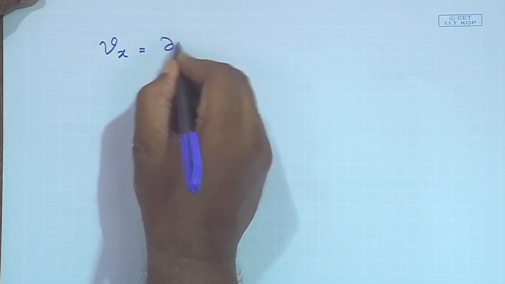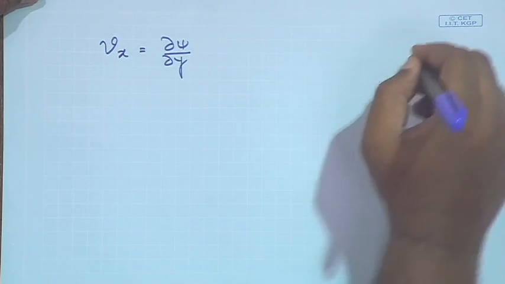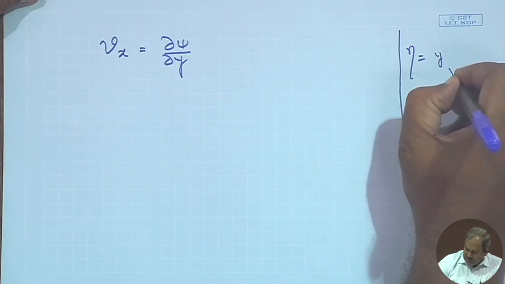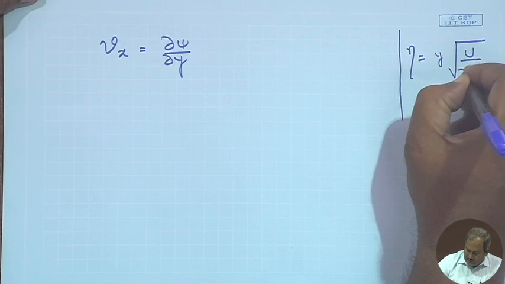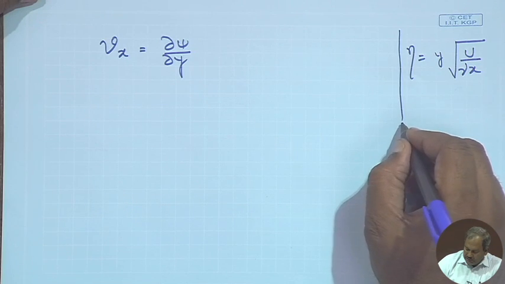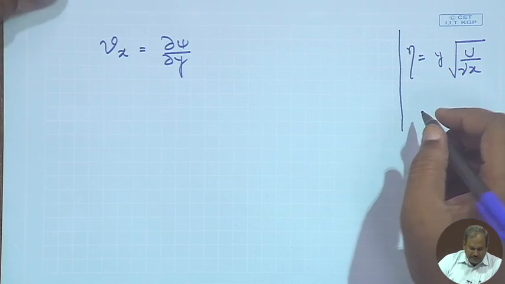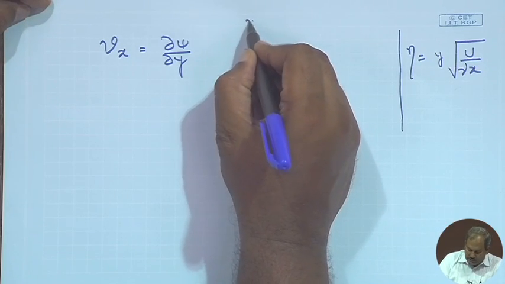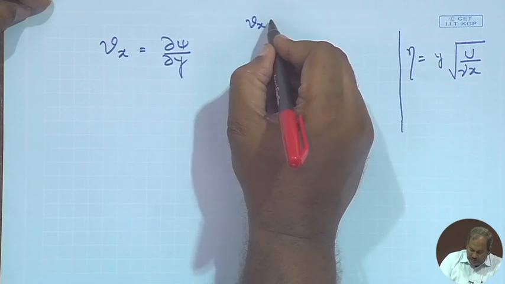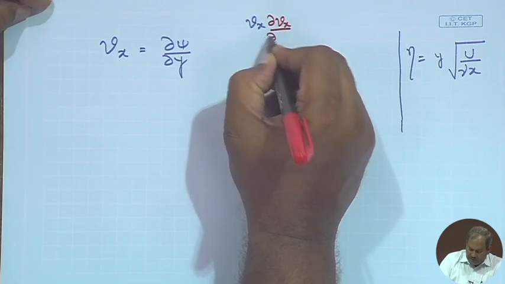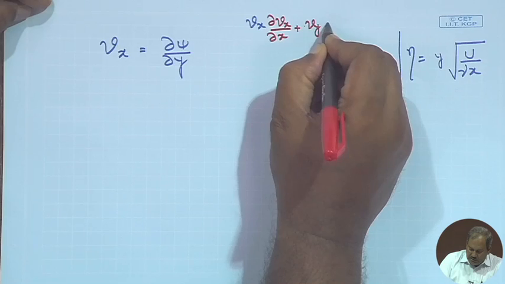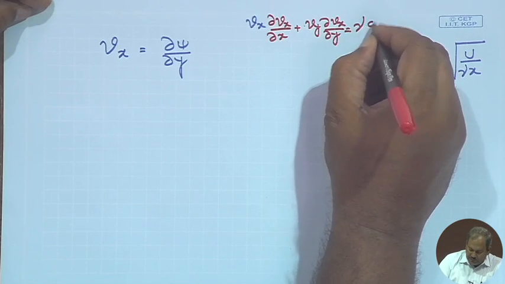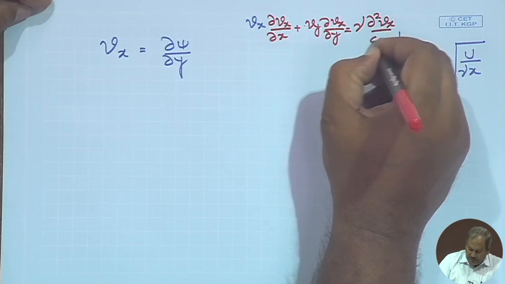We start from that point, using the definition of Vx, which is del psi by del y, and I would write here how we have defined eta. The governing equation is Vx del Vx del x plus Vy del Vx del y equals kinematic viscosity times del square Vx by del y square.